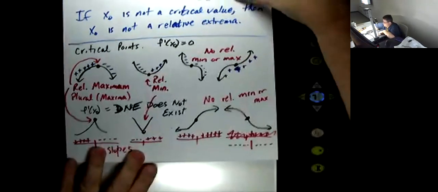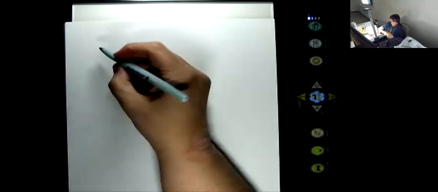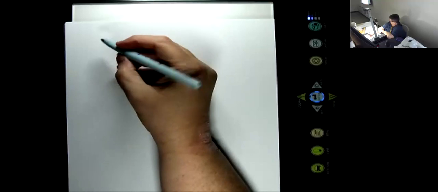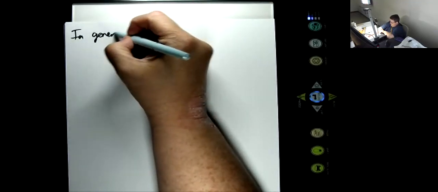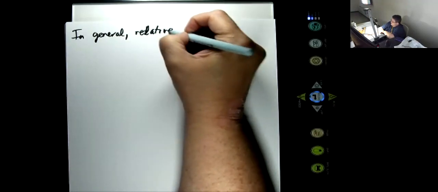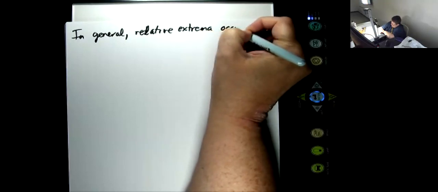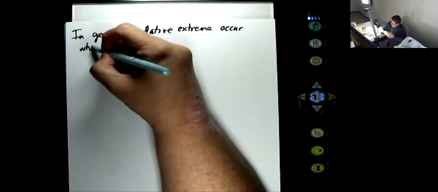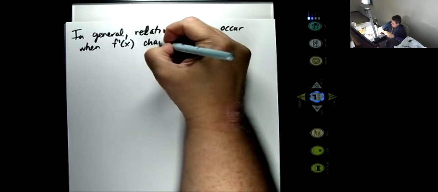So let's put that in words. In general, relative extrema occur when f prime of x changes signs.